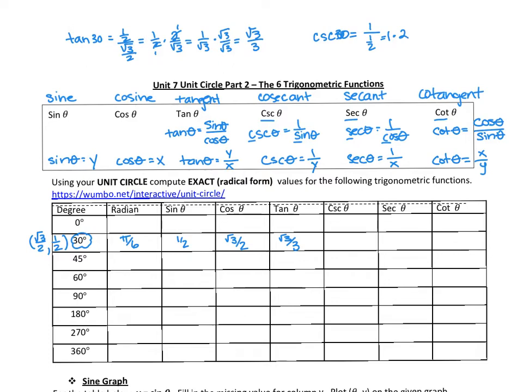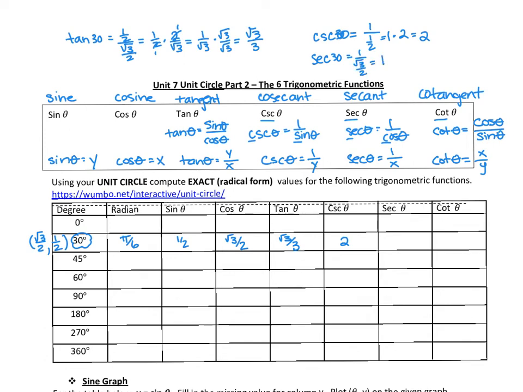So this is the same thing as 1 times 2, or 2 is what my cosecant of 30 degrees would be. So let's take a look at what secant of 30 degrees would be. So secant of 30 degrees is 1 over my x-coordinate. My x-coordinate is rad 3 over 2.